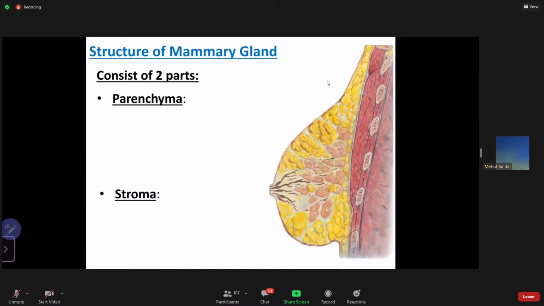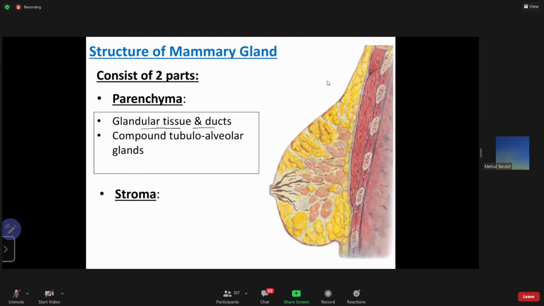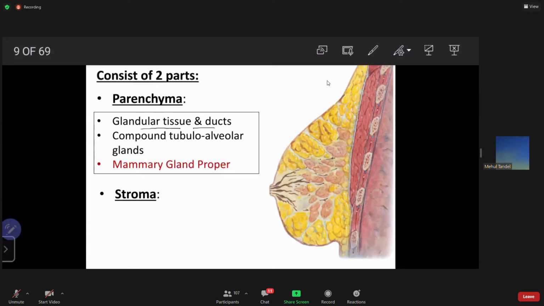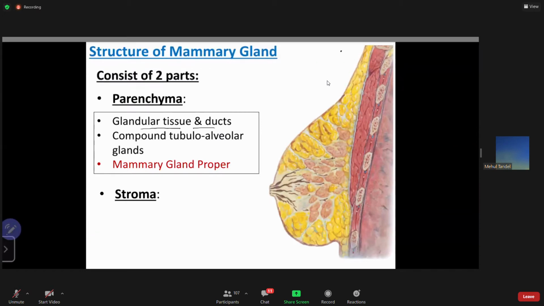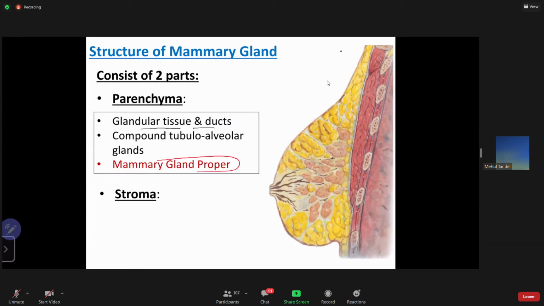We know the main part of the mammary gland is the glands. So parenchyma consists of glandular tissue with ducts, made of compound tubular-alveolar glands, and this part is also known as the mammary gland proper.